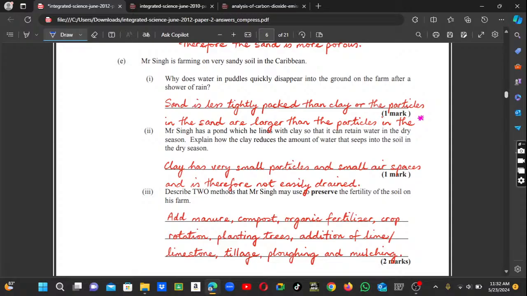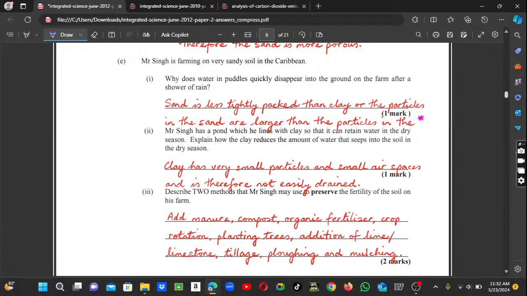We are talking about when rain falls. We have seen that the water would normally disappear into the ground. And after the water has disappeared into the ground, what would happen?